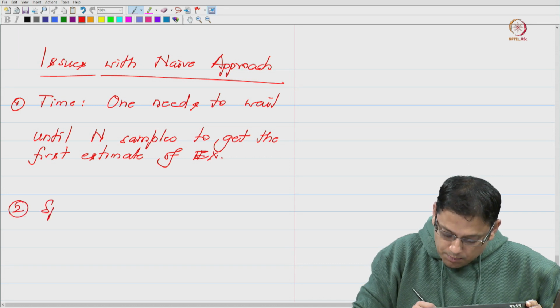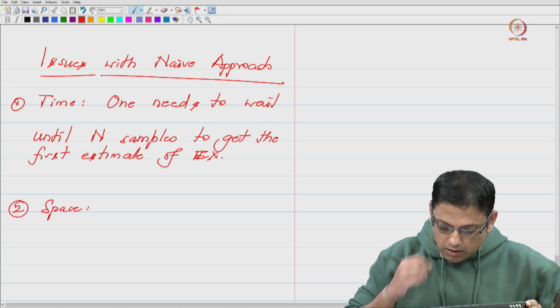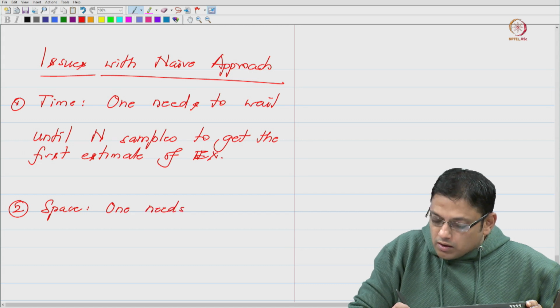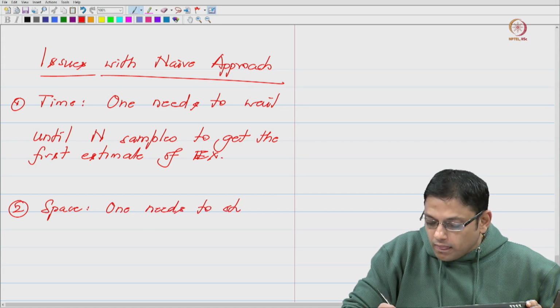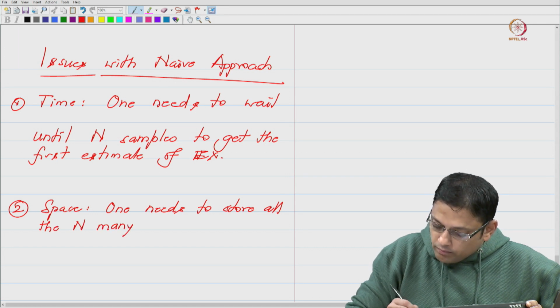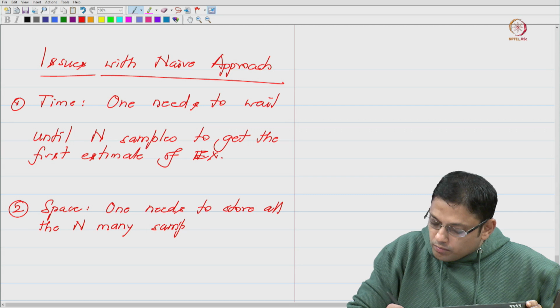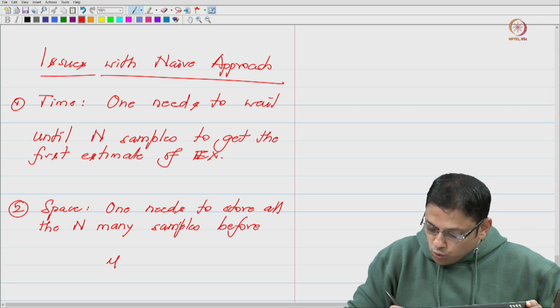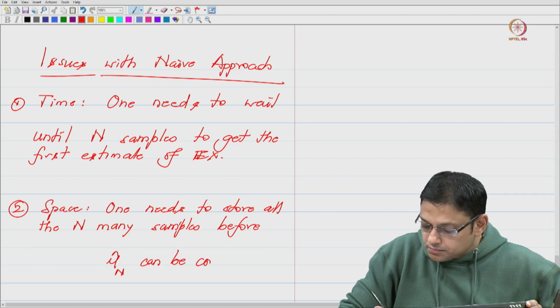Two, space: one needs to store all the n many samples before mu hat n can be computed.